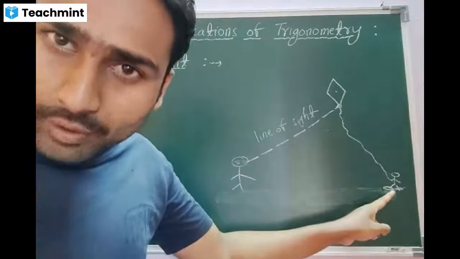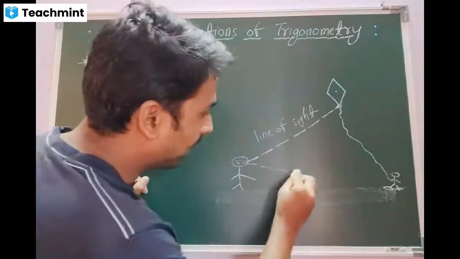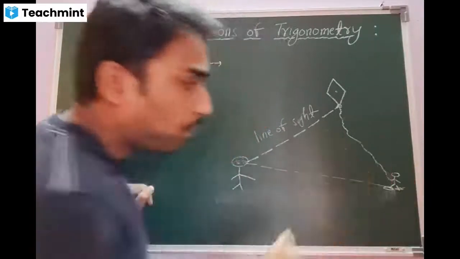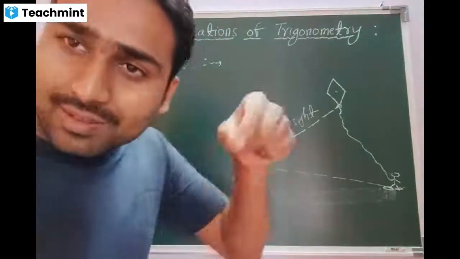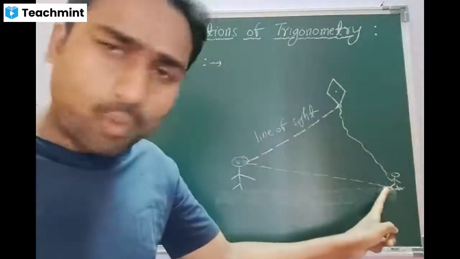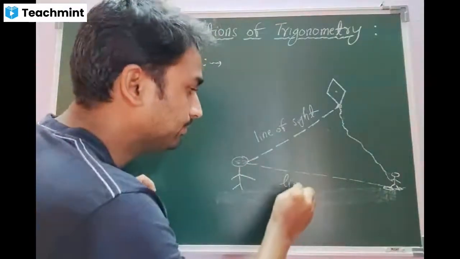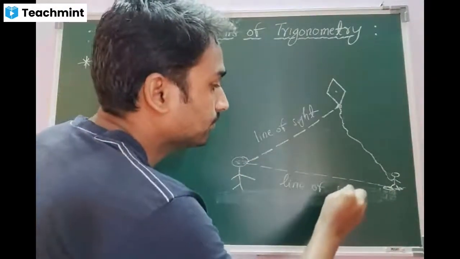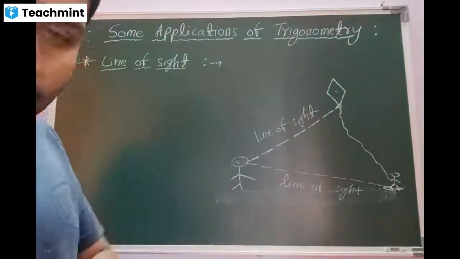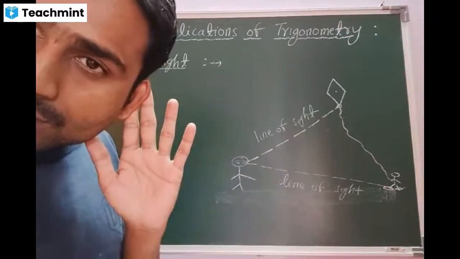Again, we can have a dotted line, an imaginary line from the eye of the observer to any point. The shoes may be the starting point, the middle point, or the ending point, anywhere, one of the points. This particular line is also called what? Line of sight. Is that clear to you people, beta? Yes, sir.